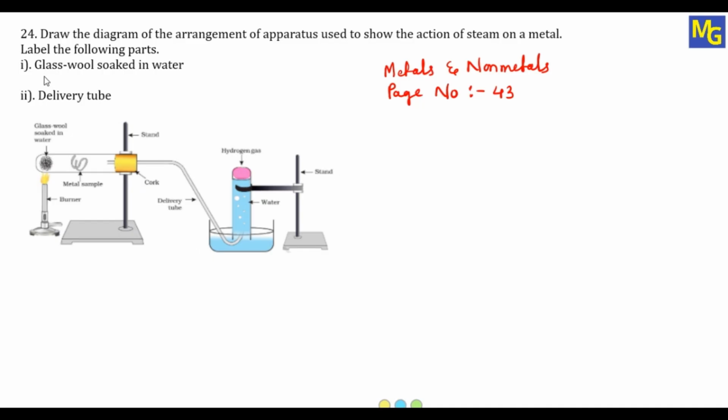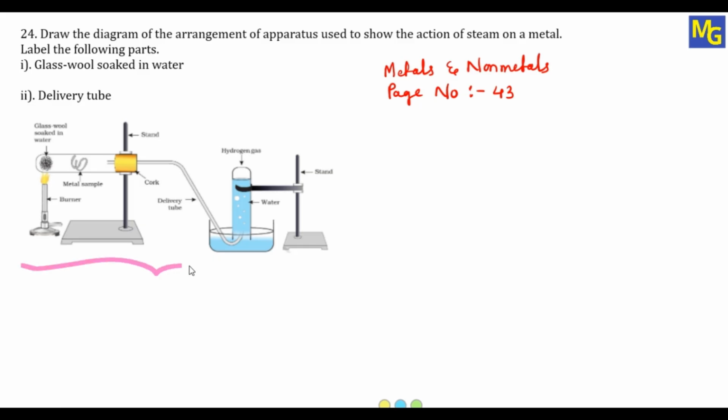In this diagram, we have to label glass wool and delivery tube. Means we have to label this glass wool and then we have to label this delivery tube. So only two labelings we have to do in this question. But in other questions, they may ask for hydrogen gas, they may ask for metal sample, or they may ask for this water, etc. It depends on the examiner. So we should practice all the labelings which are there in this diagram.